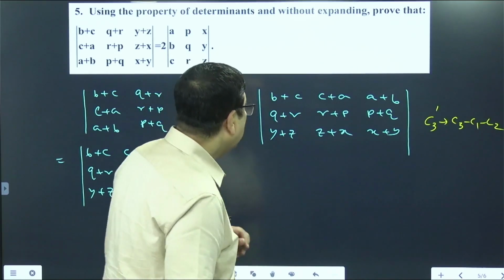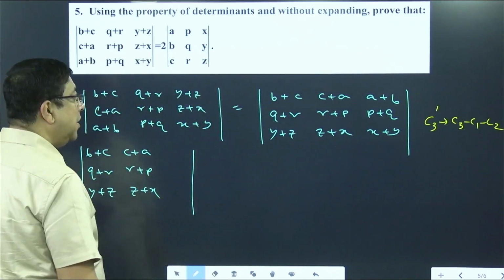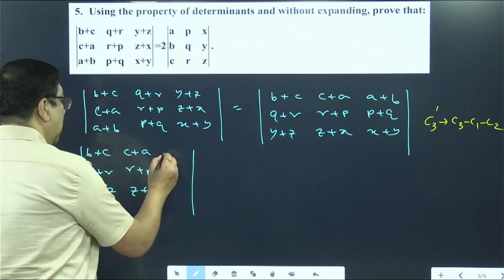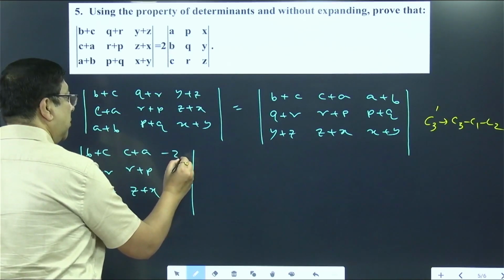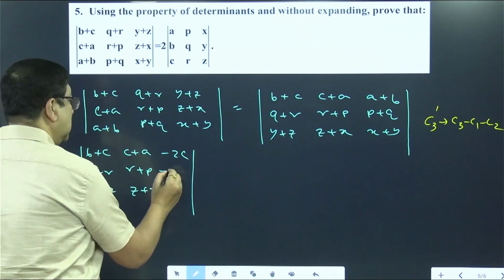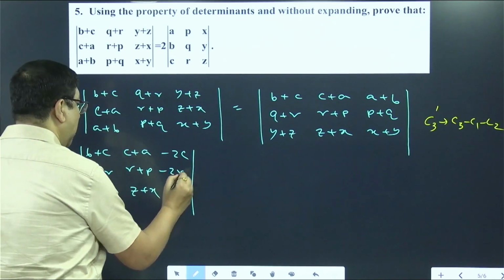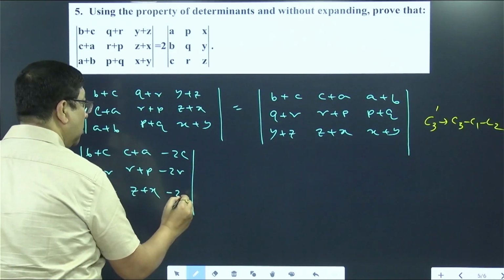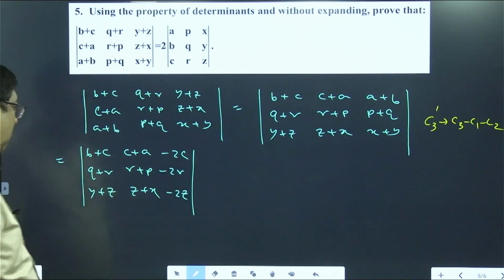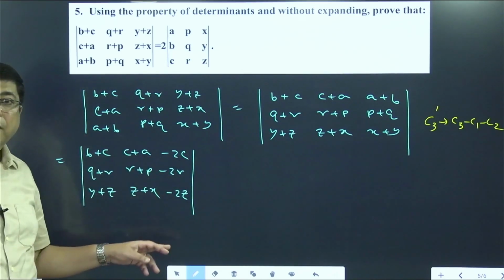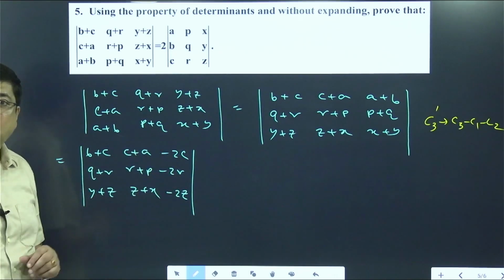So, what is coming here? A and B is getting cancelled. We are getting minus 2c, minus 2r, minus 2z. From this, by the k property, we can take minus 2 common.